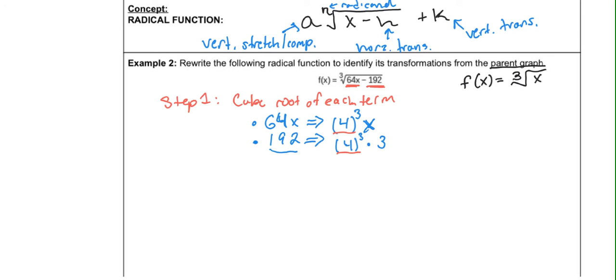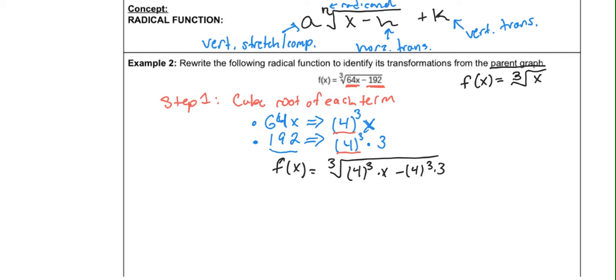So I'm going to rewrite this function. f of x equals the cube root. Instead of writing 64x, I'm going to write 4 cubed times x minus, and then instead of 192, I'm going to write 4 cubed times 3.